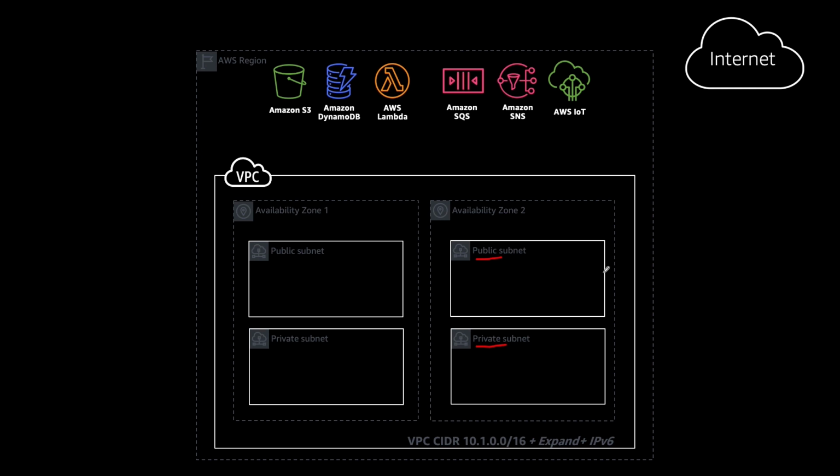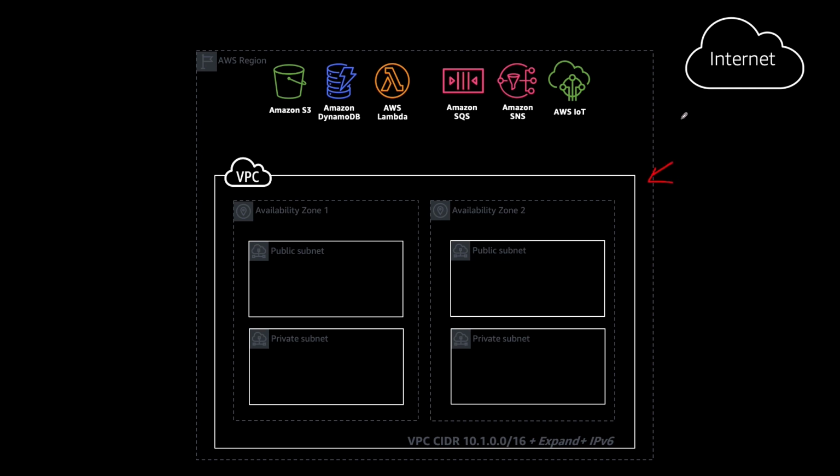Okay, and how we can enable that access, that is something we are going to discuss now. But let's assume that this is your VPC, and we have two availability zones, and within these availability zones we are creating two subnets, one private subnet and one public subnet in each of the AZs. Okay, so this is your VPC.